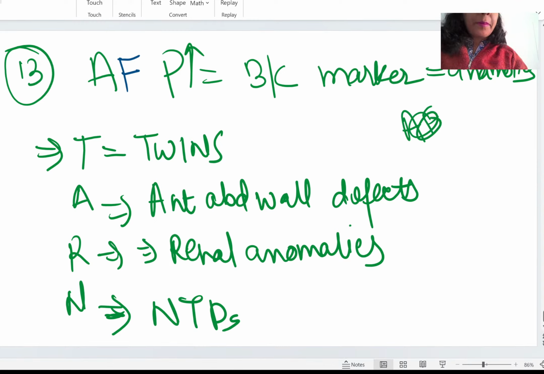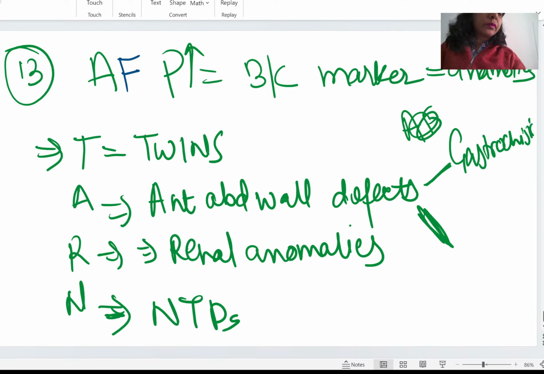AFP is maximum in anterior abdominal wall defects, which are of two types: gastroschisis and omphalocele.